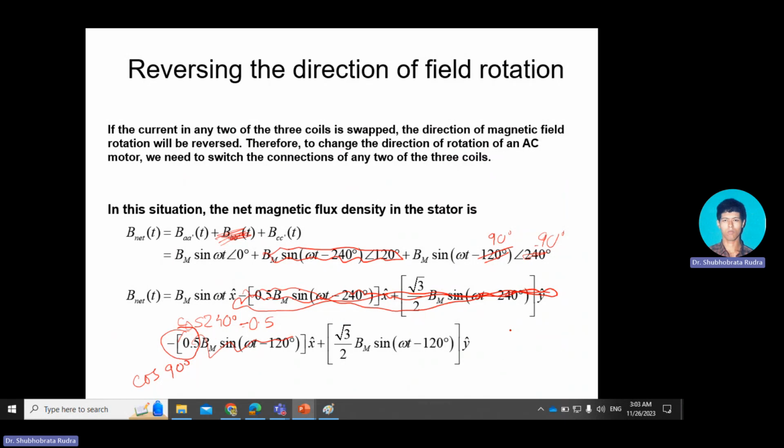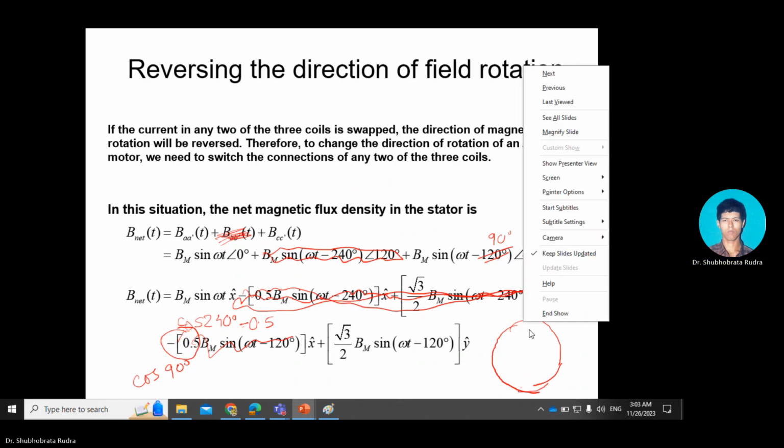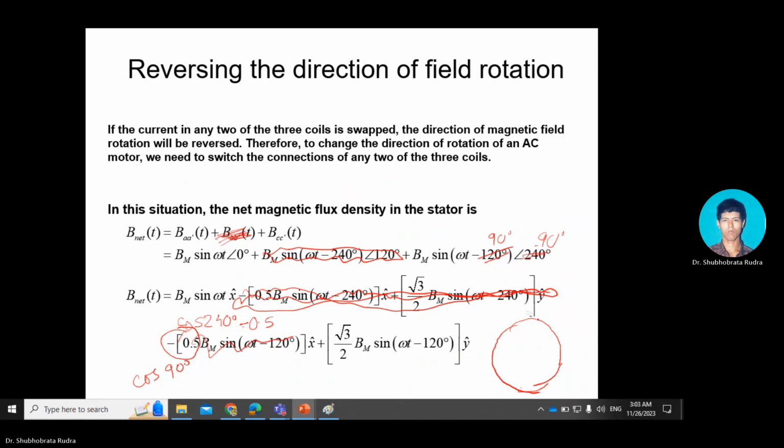Just try to understand what you have here. In a two-phase case, you have one coil that is placed in this direction. Say coil A and A dash, and another coil B, B dash.